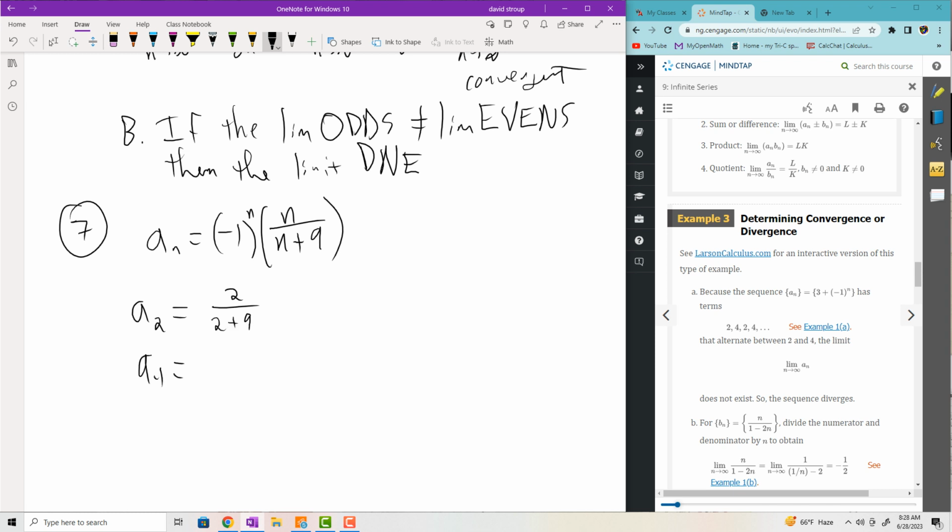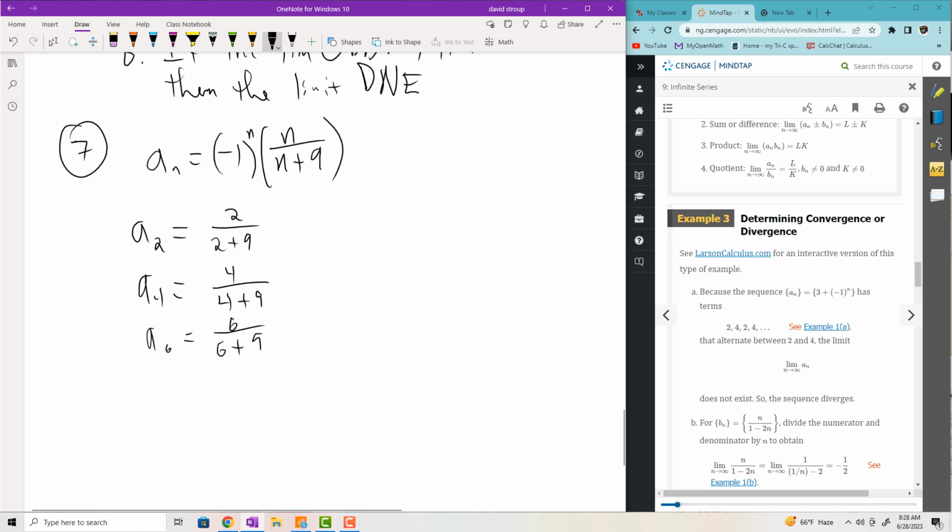A sub 4, again the negative would be positive, so it'd be 4 all over 4 plus 9. And then a sub 6, 6 all over 6 plus 9, and so on and so forth. Eventually, a sub 2n equals 2n all over 2n plus 9. And so the limit of the evens, if you think about it, is just going to be 2n over 2n, which is 1.